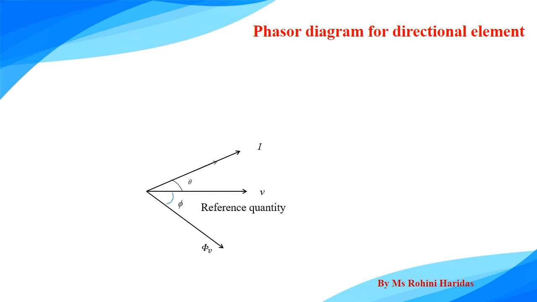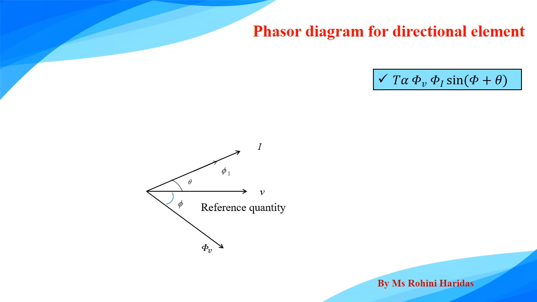Similarly, phi I is the flux produced due to the current coil and it is in phase with the current phasor. We know that the torque is produced because of the interconnection of the two fluxes. That is, here the torque is produced because of interconnection of flux produced due to the voltage element, that is phi V, and flux produced due to the current element, that is phi I.